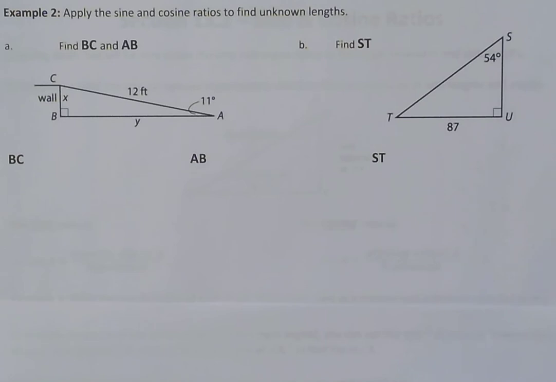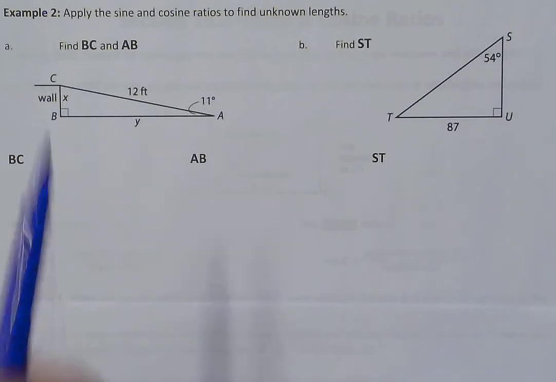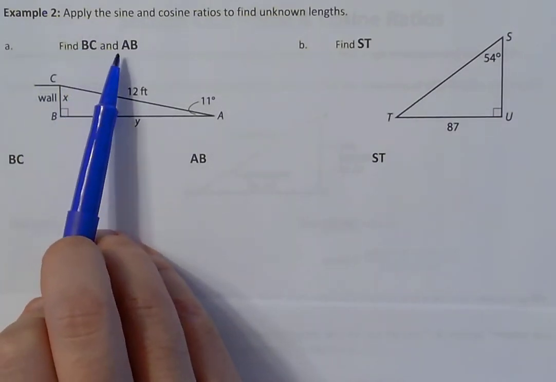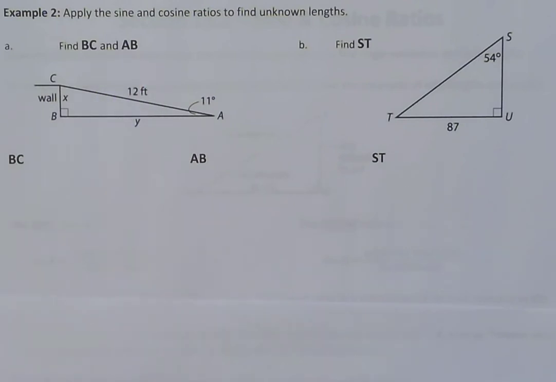So, if we look at example 2, part A, they want us to find the measures of BC and AB. Now, key thing that you need to do when you get to any of these problems, so we're going to just go through and figure out what X and Y are for this one. We're going to take it one at a time.